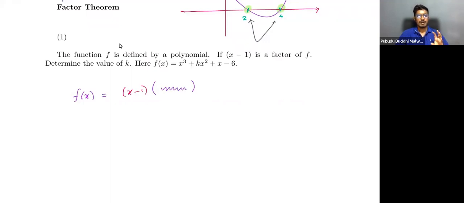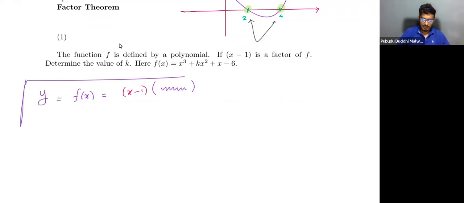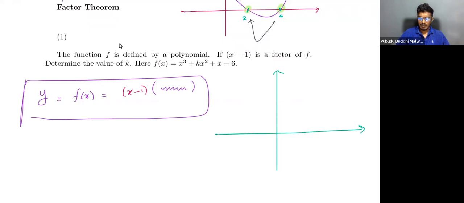Now, so far, we know that x minus 1 is a factor. If you want to, let me put y as well. Y equals this. Then, now if I draw this curve, what will happen? Now, when will you get y equals 0?